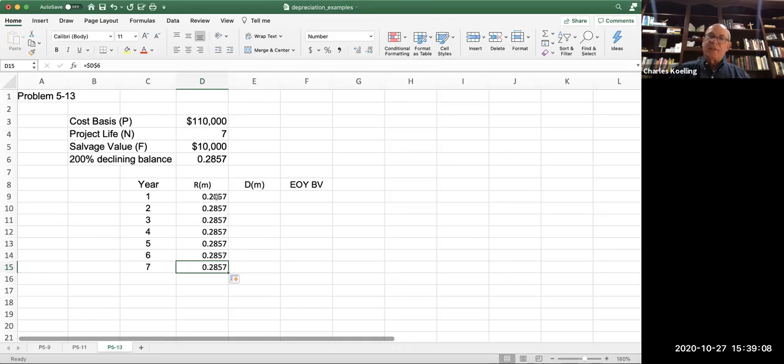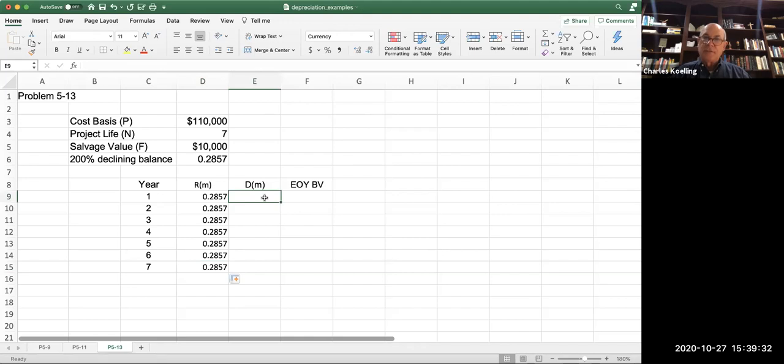Although you can see in the text there's a calculation you can apply to find the depreciation for any particular year, generally the easy way to apply this is just to take the depreciation rate times the existing book value to get the current year's depreciation. Here we go, and let's see how we can do this.